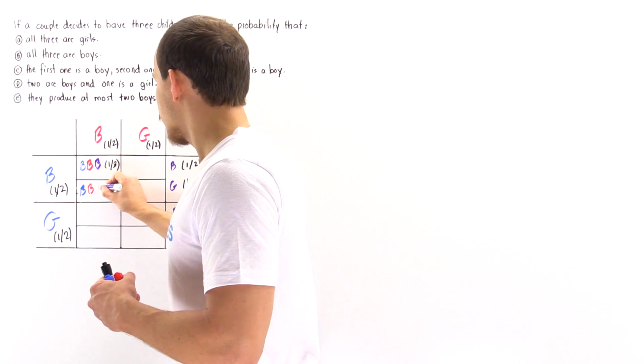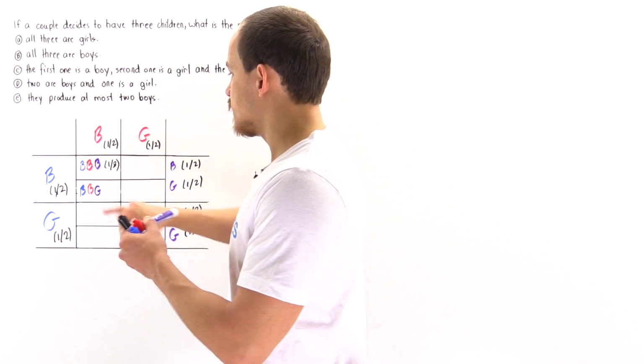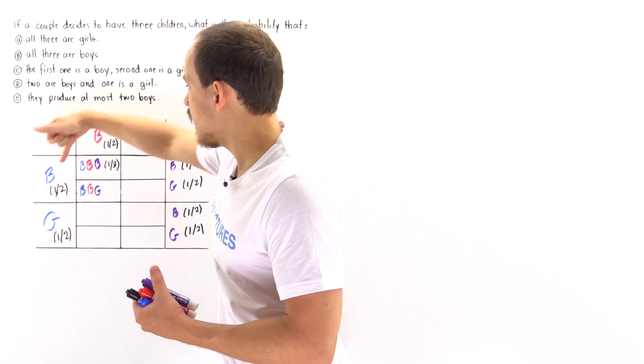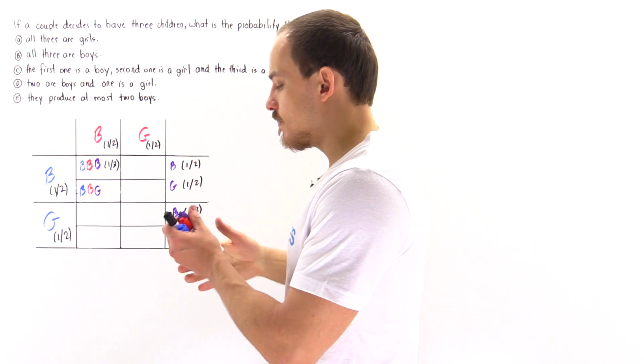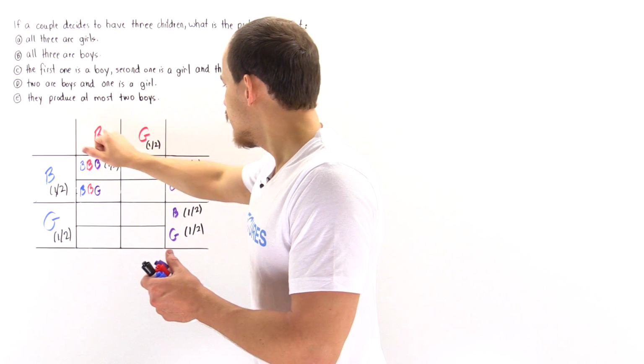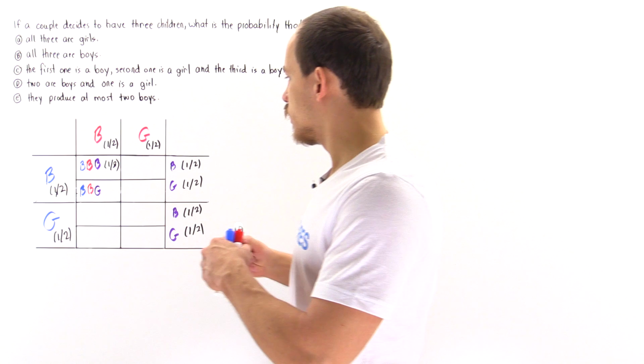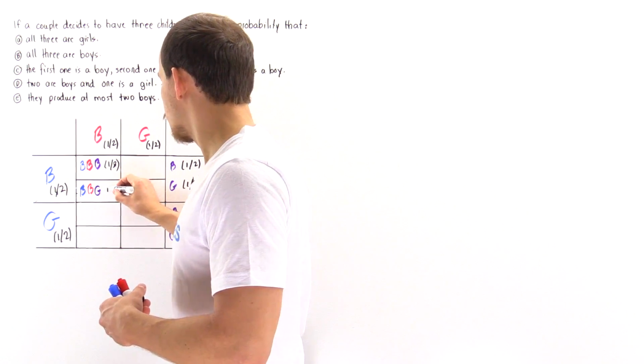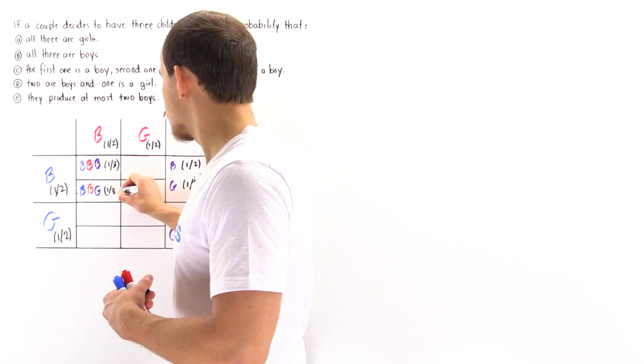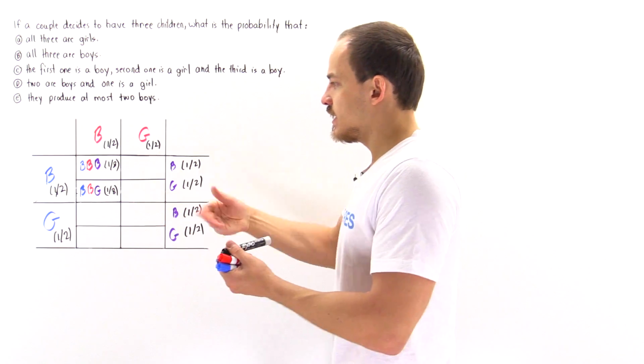And once again, to calculate what the probability of this event taking place is, we take the product of the individual probabilities of these 3 events. And so we have 1/2 multiplied by 1/2 multiplied by 1/2, and that gives us 1/8. And we continue the process.